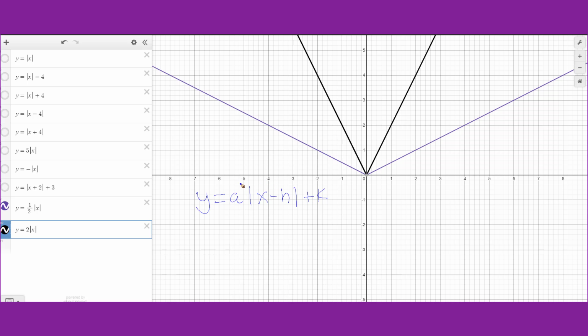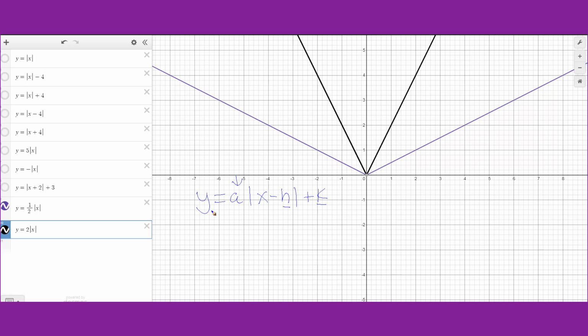The stretch or compression factor is going to be the absolute value of a. The vertex is going to be at h comma k, right? So your h value, k value. And the axis of symmetry is going to be your h line. It's going to be the one that goes up and down.